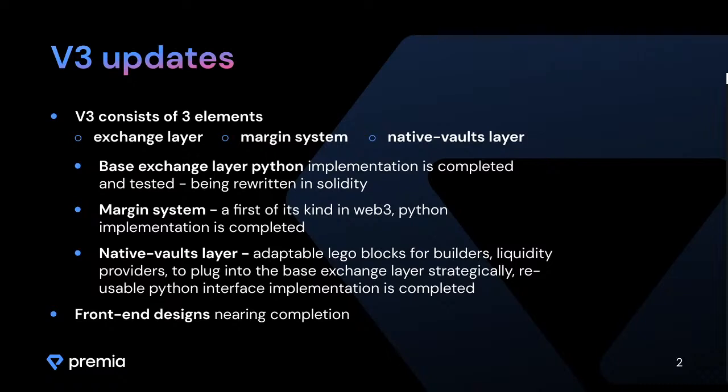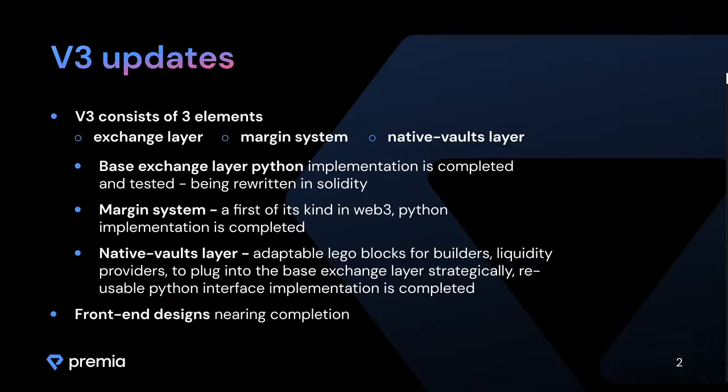So it's very efficient. We can say that V3 is separated into basically three layers or three elements. The first is the base exchange layer, which you can think of as a standard concentrated AMM layer. The next is a margin system, which is built on top of that exchange layer, which allows users to take out margin on the exchange or to lend margin to users on the exchange for yield.